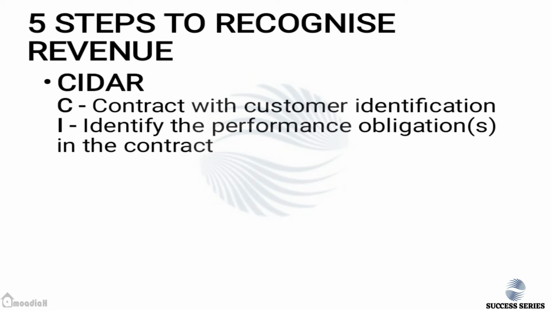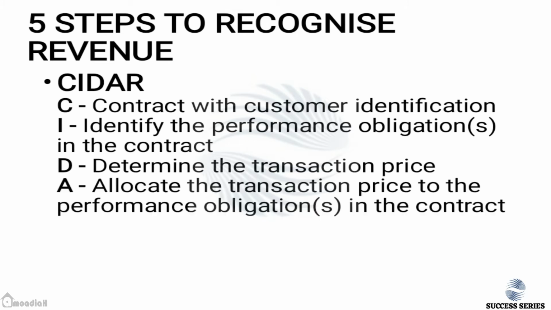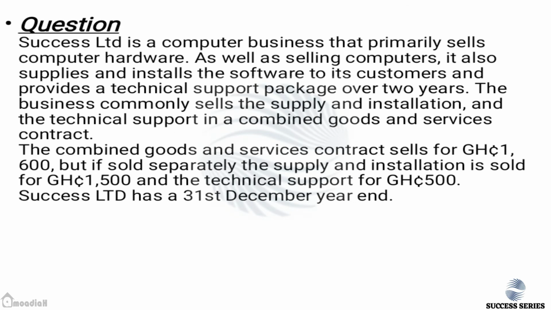I stands for identify the performance obligation in the question. D stands for determine the transaction price. A stands for allocate the transaction price to the performance obligation in the contract. And then finally R stands for recognize revenue when or as the entity satisfies a performance obligation.